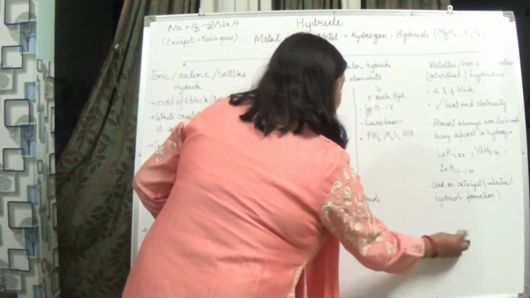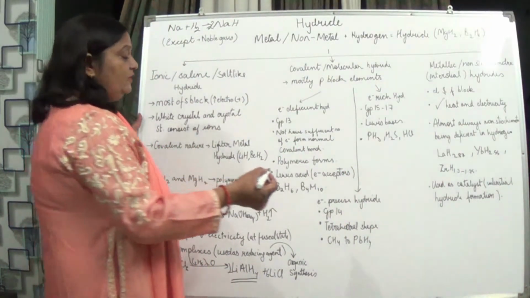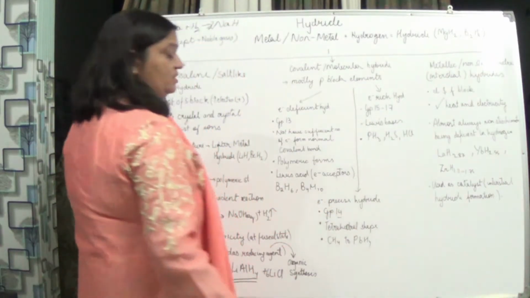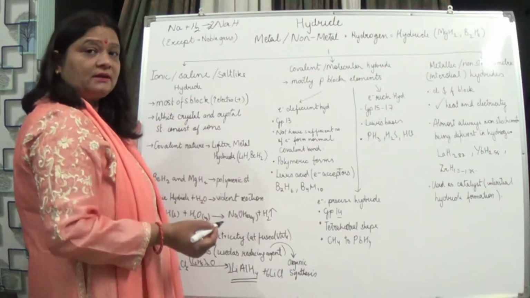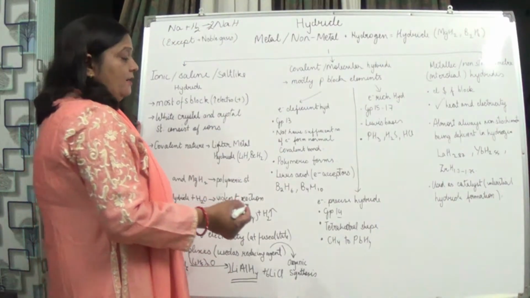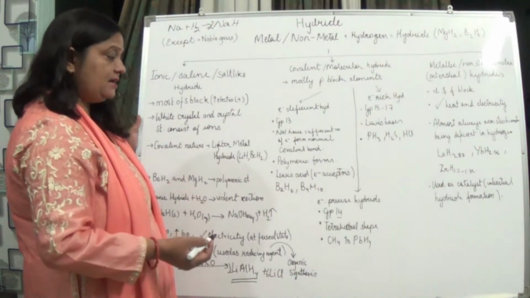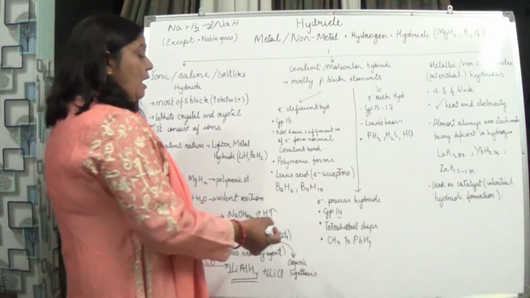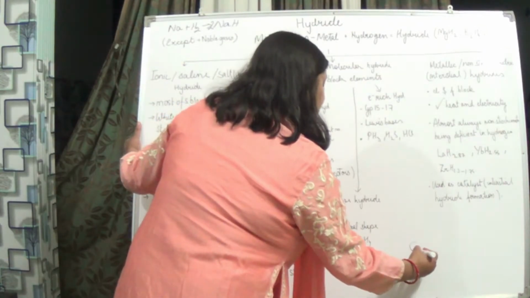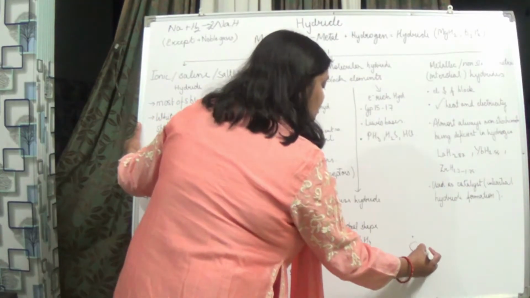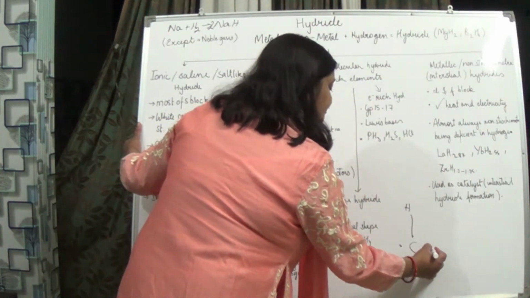Okay, now coming to electron precise hydrides. When we talk about electron precise hydride, which group participates in the bond formation? That is group 14, the carbon family, and they form a tetrahedral shape. Let us understand this electron precise hydride with methane. Carbon has 4 valence electrons and it is joined to hydrogen, isn't it?